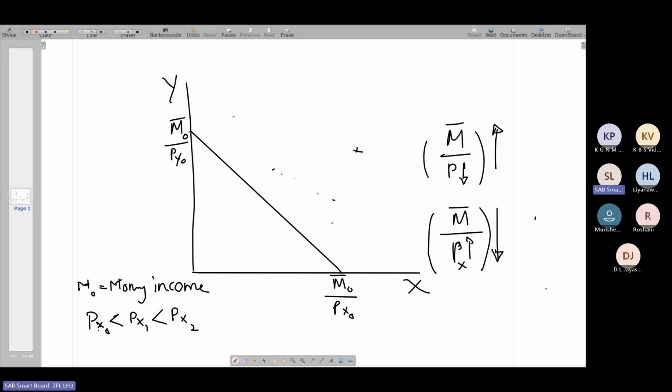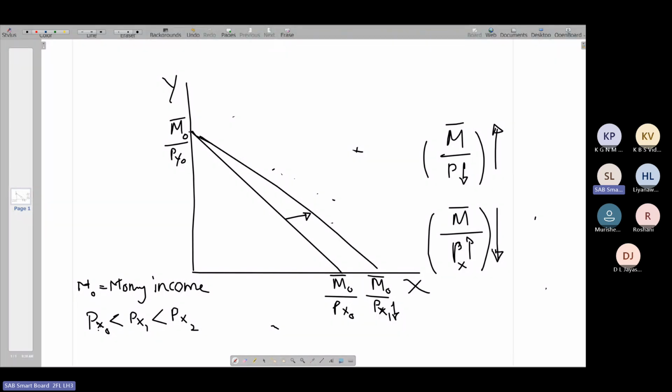Either it can rotate to the right or it can rotate to the left. Money income does not change, but the price of X has now decreased, from PX0 to PX1. So it rotates to the right.